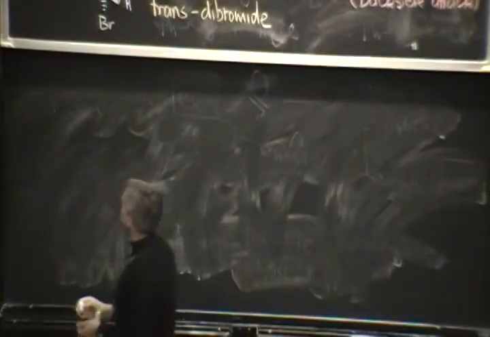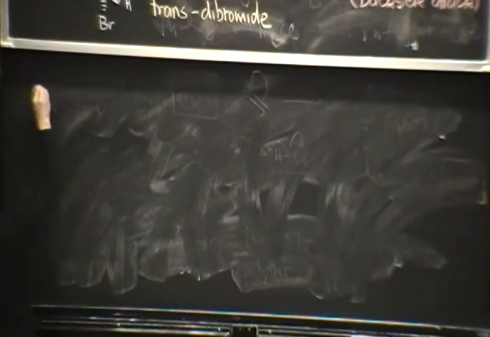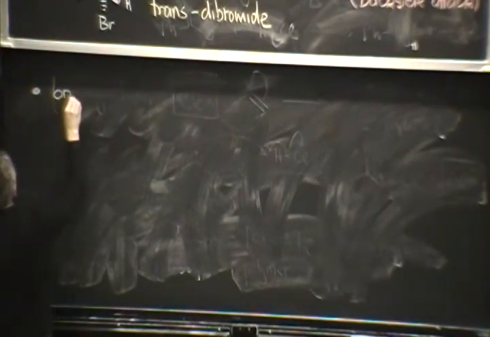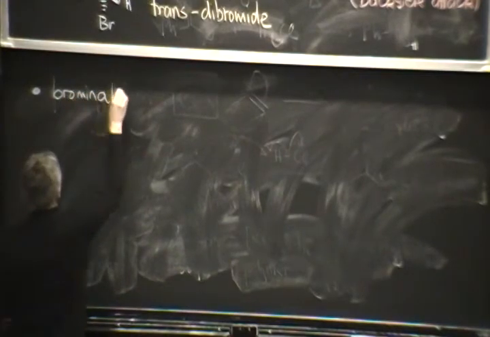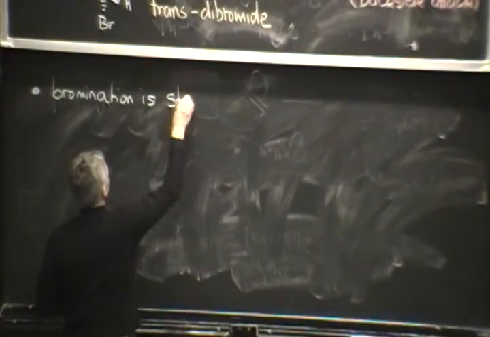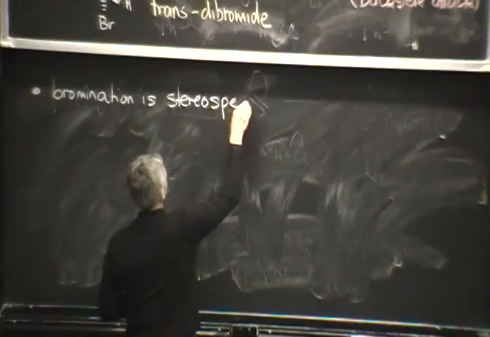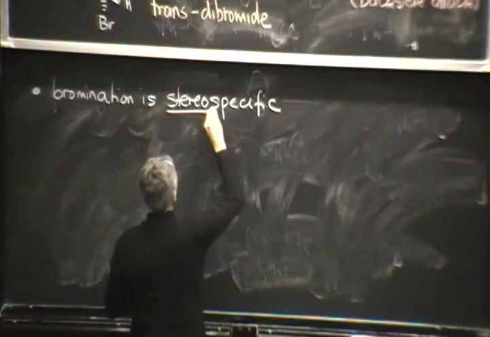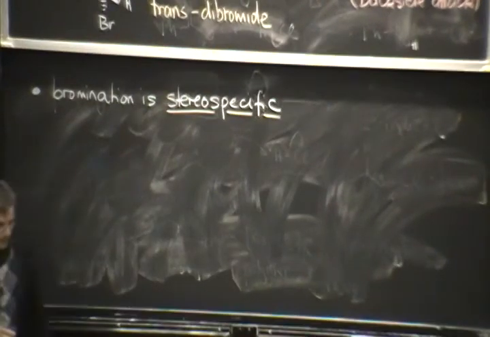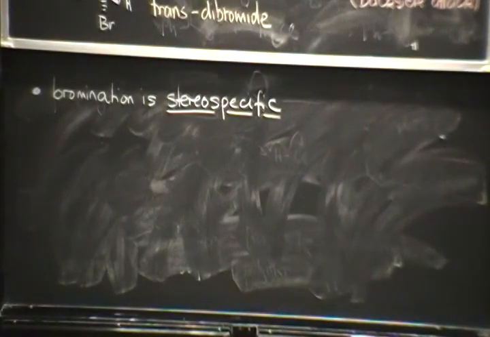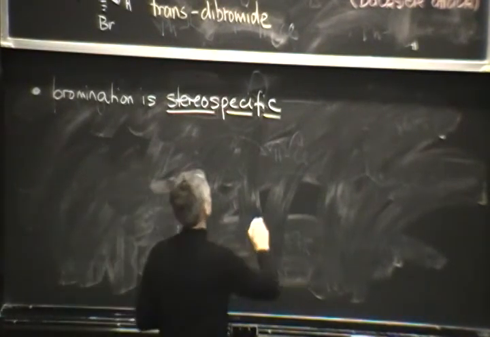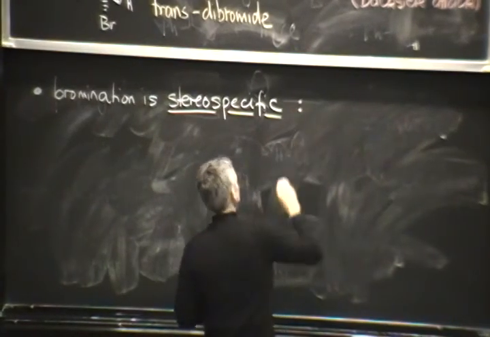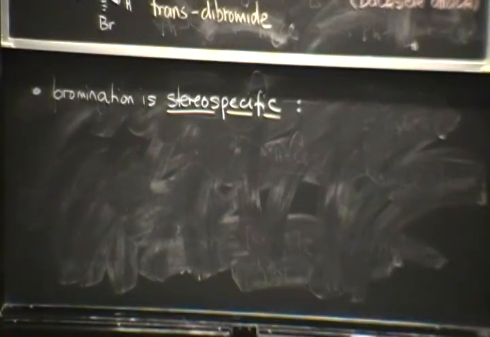So one aspect of the bromination that makes it attractive is the fact that it is stereospecific. And stereospecific is an important expression for a mechanistic consequence of a particular pathway. So stereospecific means that if you start out with one particular stereoisomer, we get a very defined stereoisomer product.